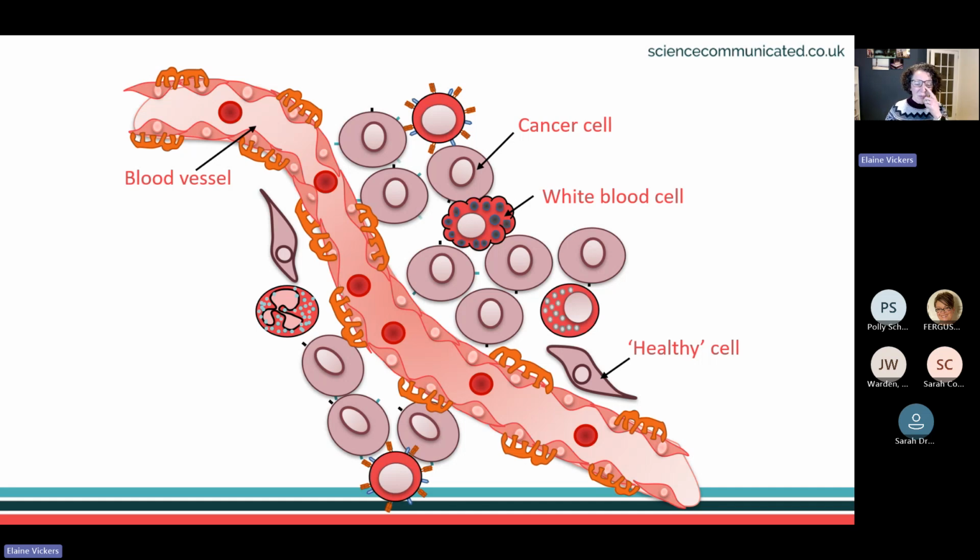And what seems to happen is in the primary tumor, not all cancer cells are equal. There's diversity amongst the mutations they contain. There's diversity in terms of their access to a blood supply or their access to lymph vessels. There's diversity in terms of the types of white blood cell found in different parts of a tumor and what they're doing there and how they are interacting with the person's cancer cells.